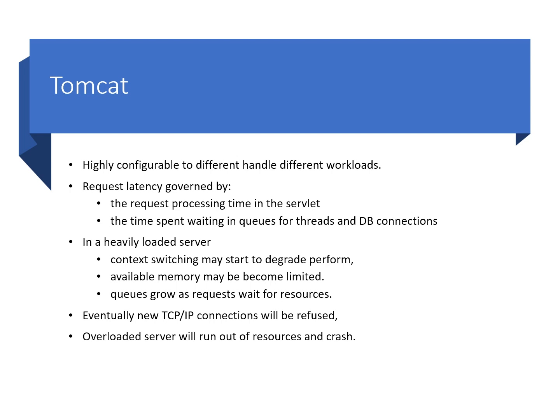When a Tomcat servlet becomes heavily loaded with many threads allocated, context switching may start to degrade performance and available memory may become limited. If performance degrades, queues grow as requests wait for resources. This consumes more memory. If more requests are received than can be queued up and processed by the server, then new TCP connections will be refused and clients will see errors.